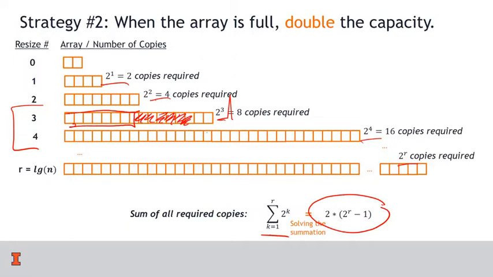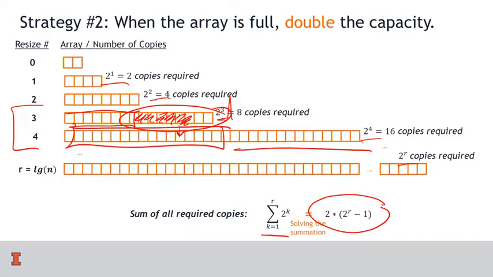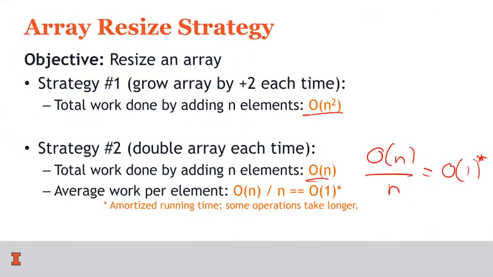Only once every so often do we have to actually copy over all of the data and move forward. But then we can insert all of that data again before we have to do another copy operation. So the average time on an average operation is going to be O of 1 time. That on average, resizing the array takes a constant amount of time, amortized across the entire runtime.